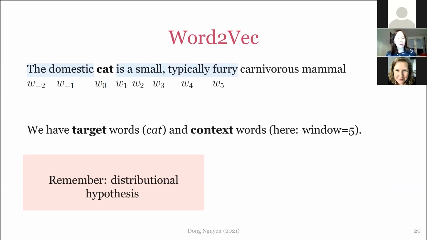So cat is then called the target word, and the neighboring words are called the context words. Here, the context words are words like the, domestic, is, a, etc. You see that this really builds on the distributional hypothesis that I discussed before, where we have a word and then we look at the context in which it's used.